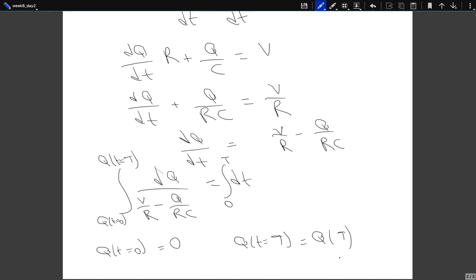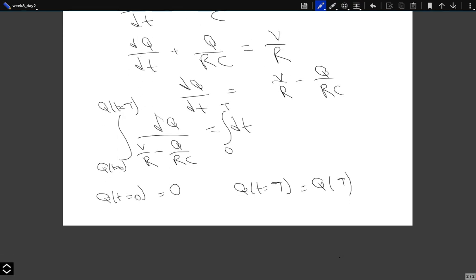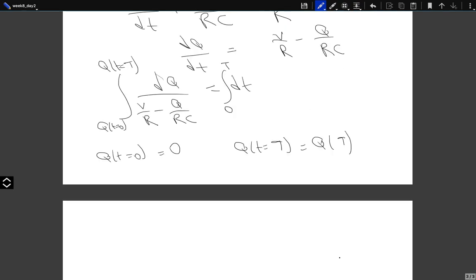So what is the integral on the left? Logarithm of what? Well, let's say V over R minus Q over RC.